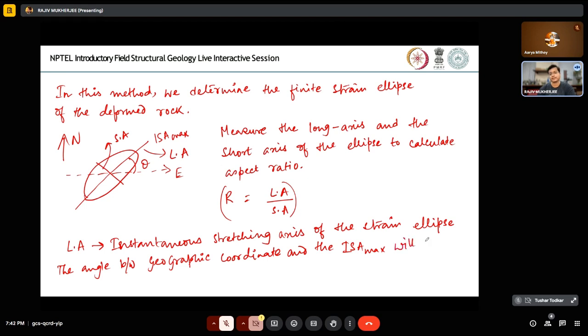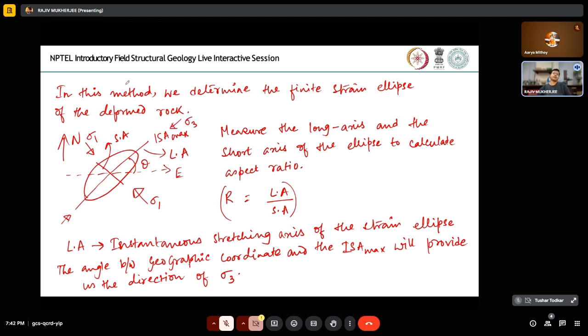will provide us the direction of sigma 3, right? Because you know that if a strain ellipse forms, then obviously the short axis will be parallel to sigma 1 and the ISA max will be parallel to sigma 3.